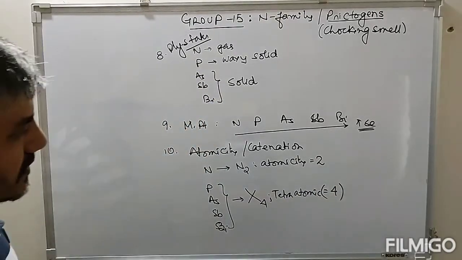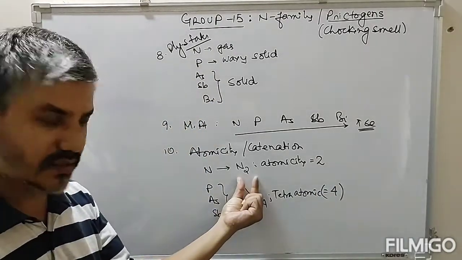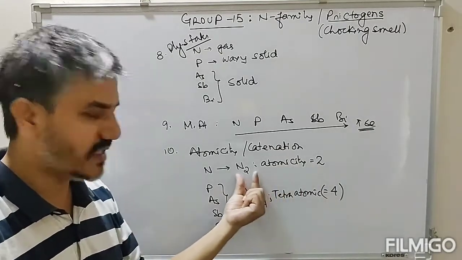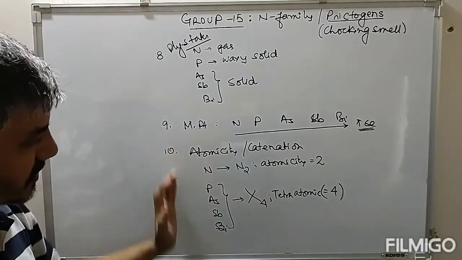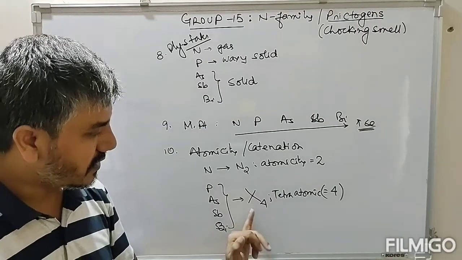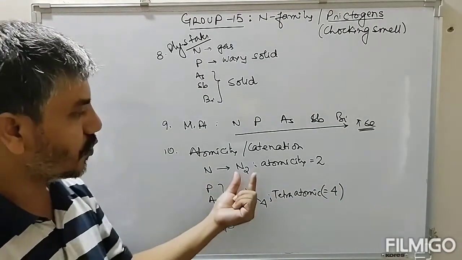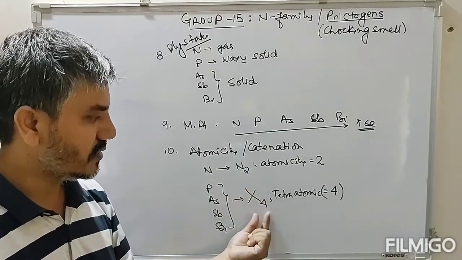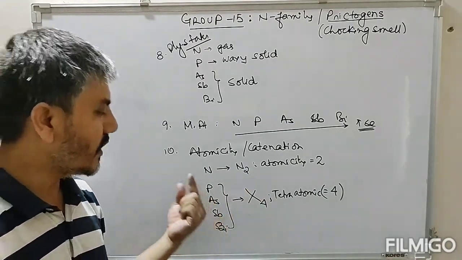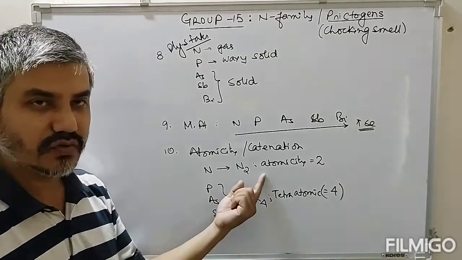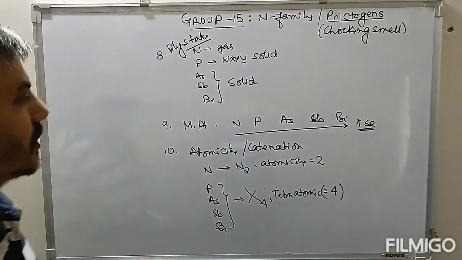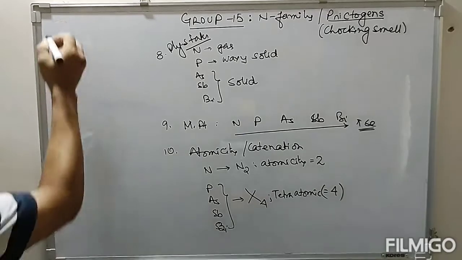The first element, nitrogen, has atomicity 2, so it exists as N2 gas. The rest of the elements exist as X4, that is tetraatomic. Now the question is, why does nitrogen not show tetraatomicity, or why do the rest of the elements not show atomicity 2. Now we have to explain.